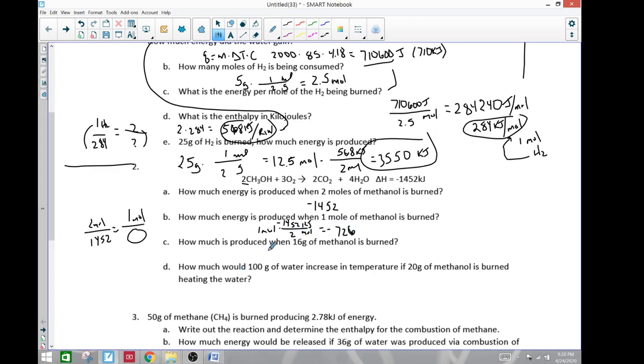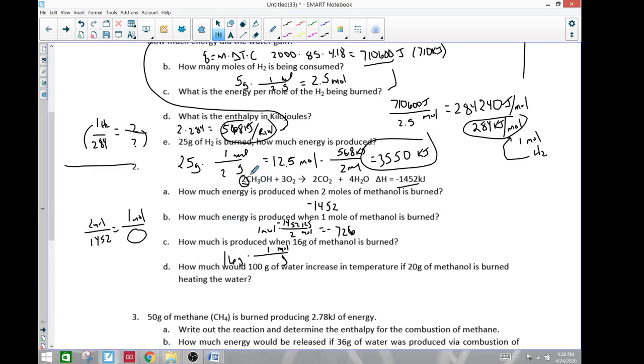How much energy is produced when 16 grams of methanol is burned? Okay. So you could do some math here and figure out how many grams gave you that much, and you could do a proportion off that. We typically just do it this way. 16 grams, dotted line, get rid of grams, and go to moles. The reason why we go to moles is because I want to use the 2 moles to 1452 ratio. So 1 mole, how much does this stuff weigh?